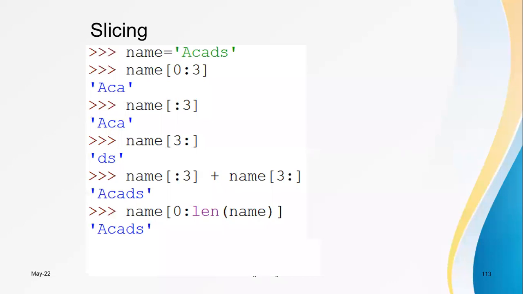So 1, 2, 3, 4, 5 is the length. Right? So 0 to 5 means 0 is A, 1 is C, 2 is A, 3 is D, 4 is S. That's it. So ACADS.